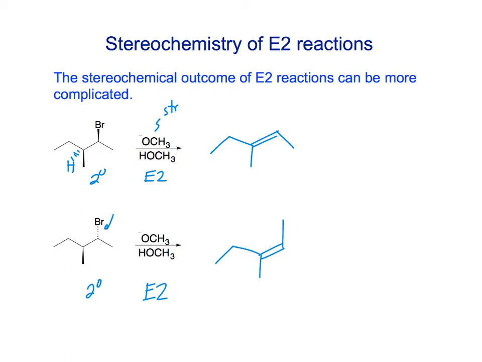We get a different stereoisomer. Okay, both stereoisomers are possible for each reaction, but we see a different major product for the top one versus the bottom one. So why would this be?